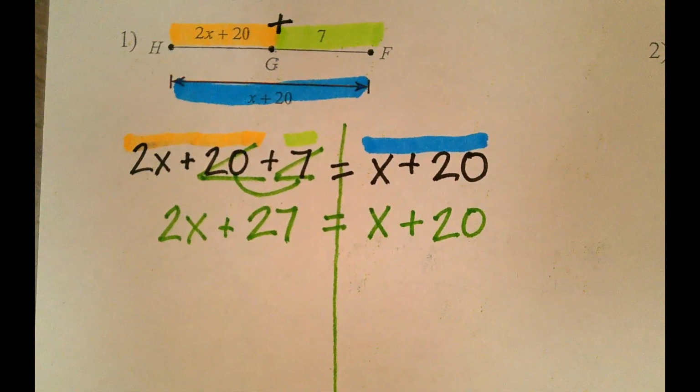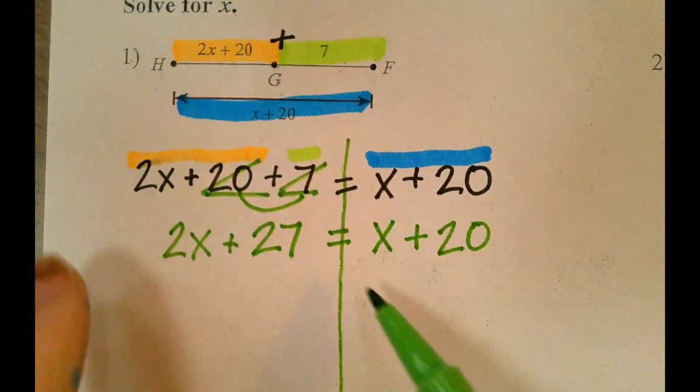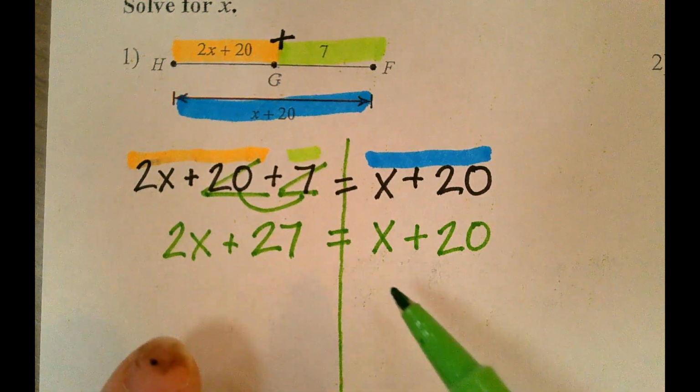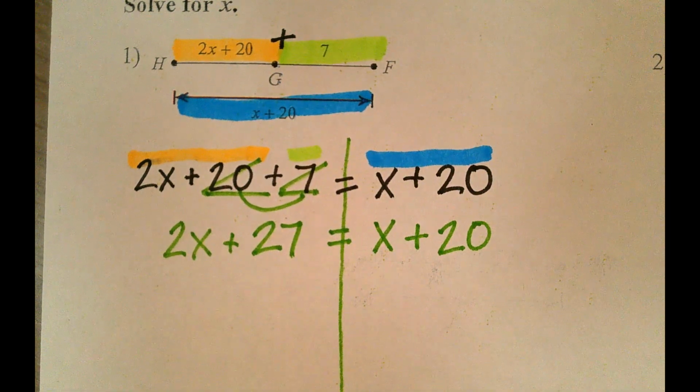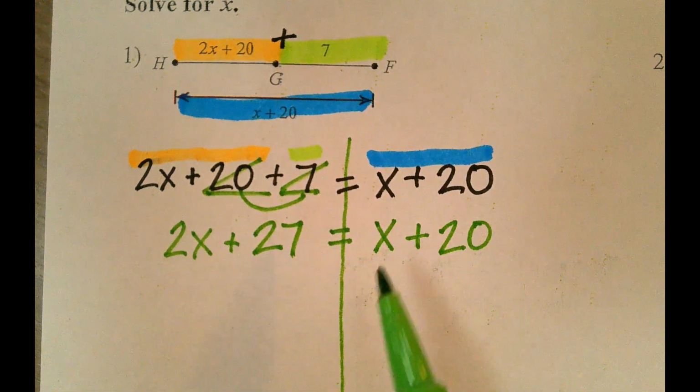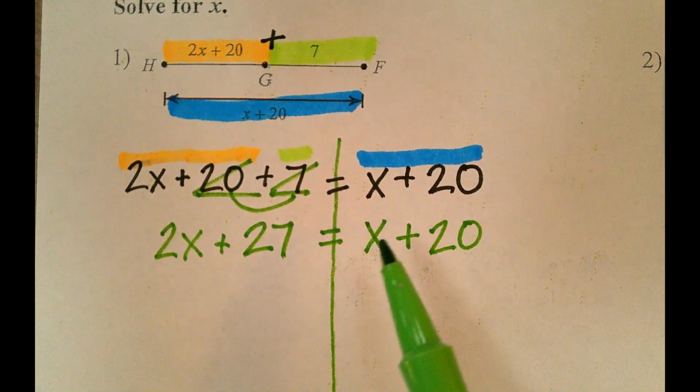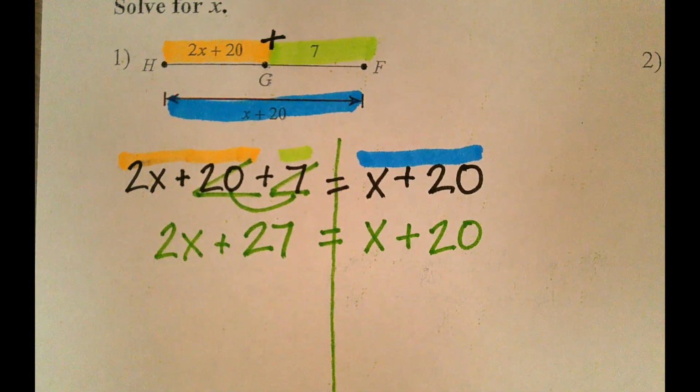What do I need to do when I have x's on both sides of the equal sign? Combine like terms, yes. So when I combine like terms, am I just going to do 2x plus x, or do I need to do something different? 2x minus x.